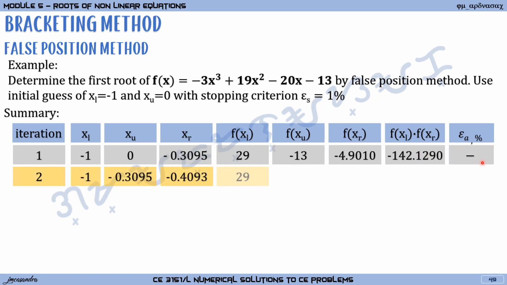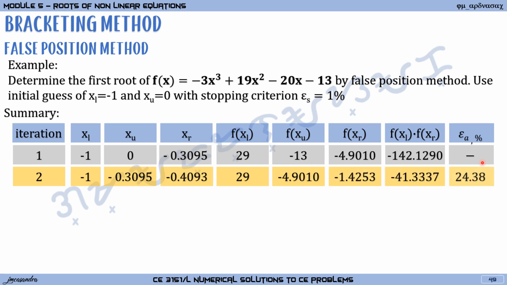Okay, so just substitute this in the tabular formula. So since the product of XL and XR is negative, the XR becomes your new XU. Same for the next iteration. This is negative. So therefore, our XU is now the previous XR.